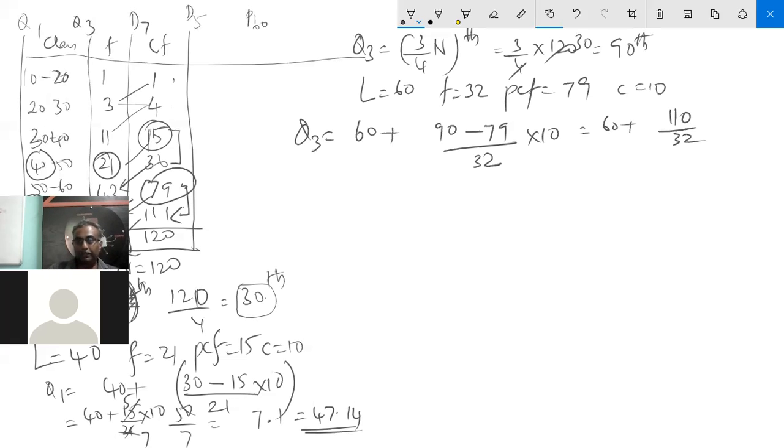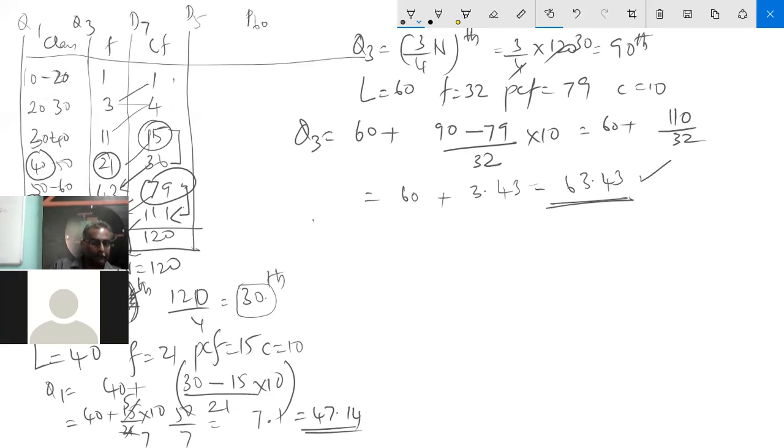How much is 110 by 32? 3.43, uncle. Okay, that is 60 plus 3.43, which is 63.43. So 63.43 is Q3. Now we have the lower quartile and upper quartile.